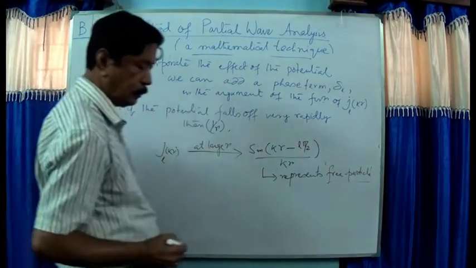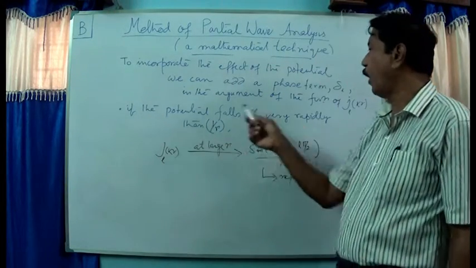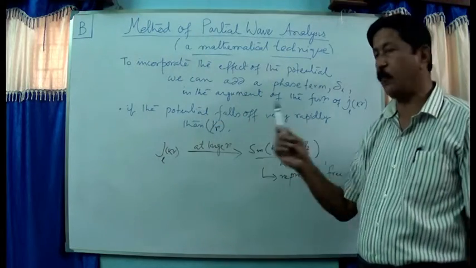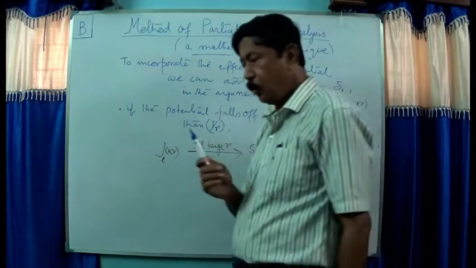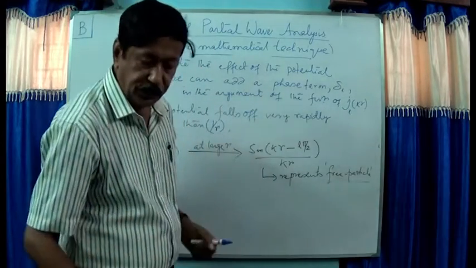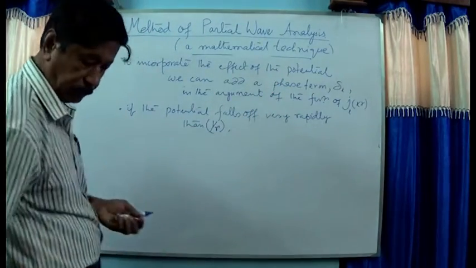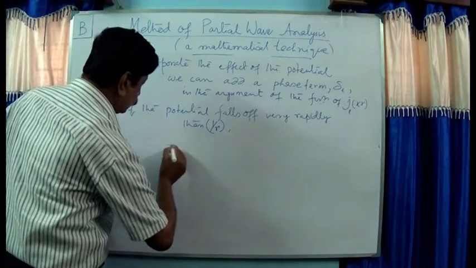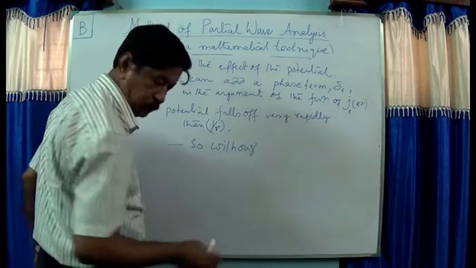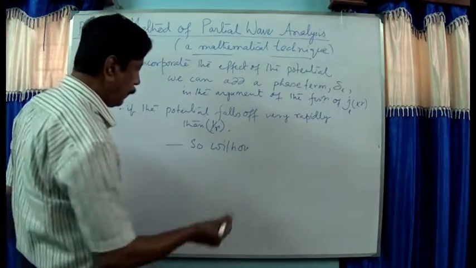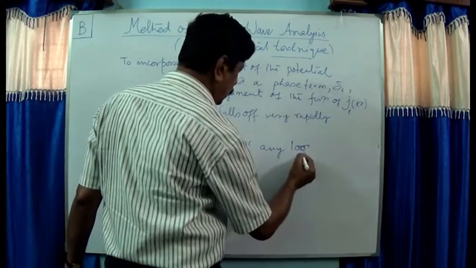So it is a point to keep in mind that for those cases where the potential falls off much faster than 1 over r, we can introduce the phase factor delta L without any loss of generality of the solution.